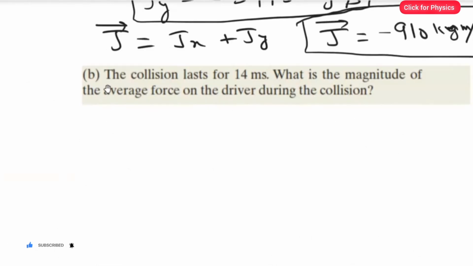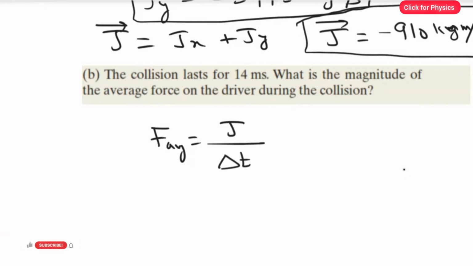Now we have to answer the second part. What is given in the second part? The collision lasts for 14 milliseconds. What is the magnitude of the average force on the driver during the collision? So the rule we already studied from the theory class, the average force is equal to the impulse divided by time interval, right? So what is our impulse here?